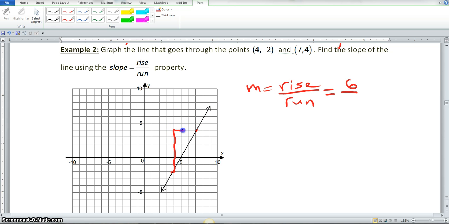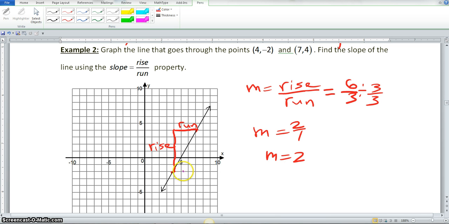And then we will run 1, 2, 3. So our run is 3. So this is our rise. This is our run. Now that gives us 6 over 3. 6 divided by 3, both have 3 in common, so that will give us 2 over 1. So our slope would be 2.